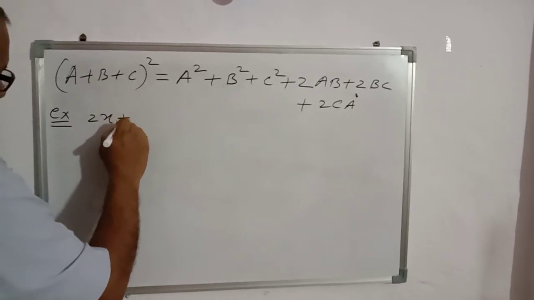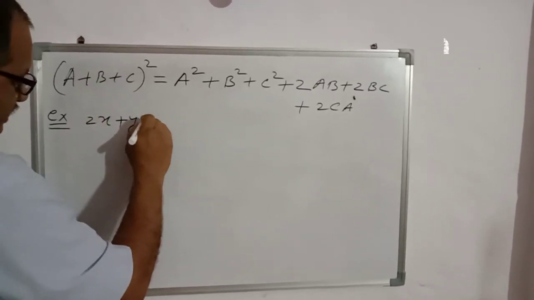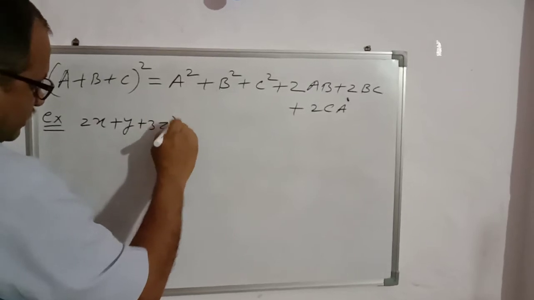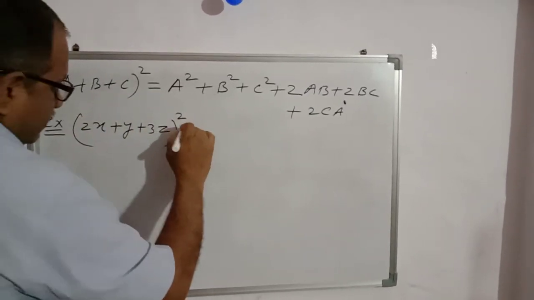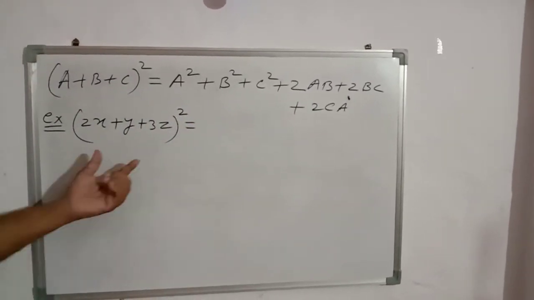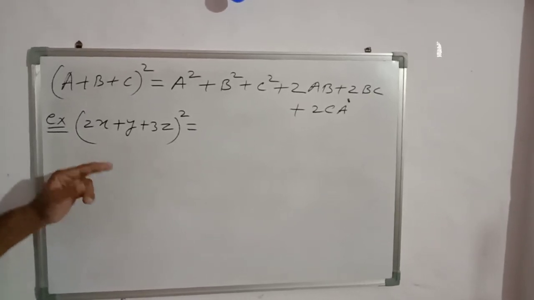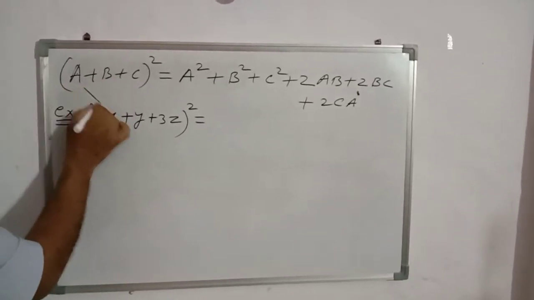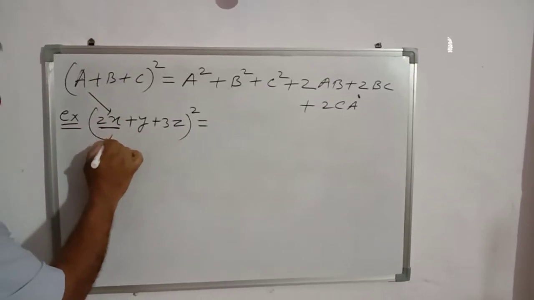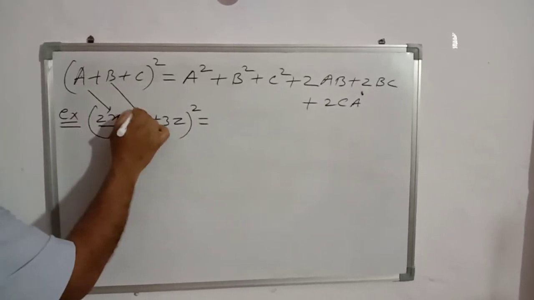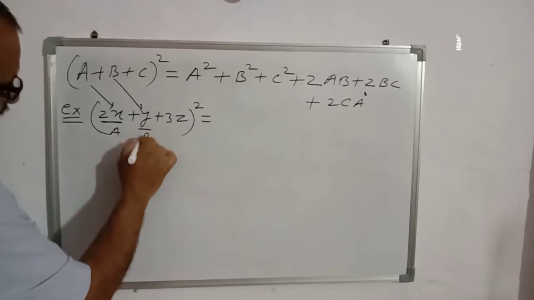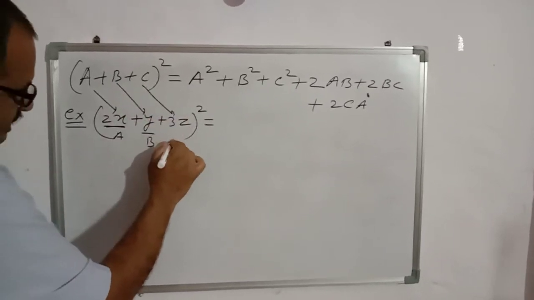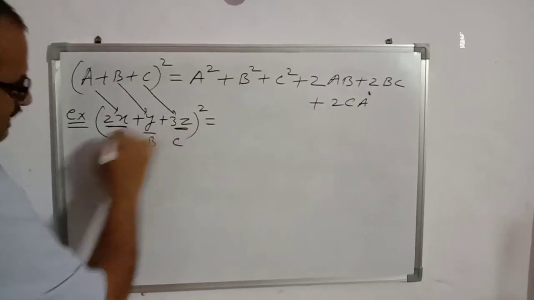(2x + y + 3z) whole square. We have to expand it. So if we compare with this identity, we see that in place of a is 2x, in place of b is y, in place of c is 3z.